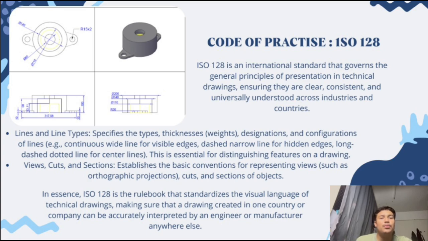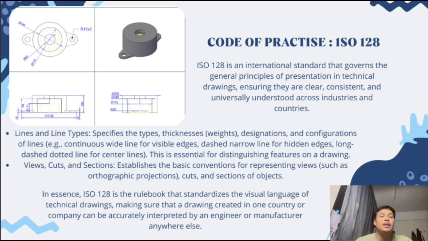Second, views, cuts, and sections. This part defines how different views, such as orthographic projection, as well as cuts and sections, should be represented on a drawing. It ensures that every drawing follows the same convention, making it easy for engineers and manufacturers to interpret correctly.